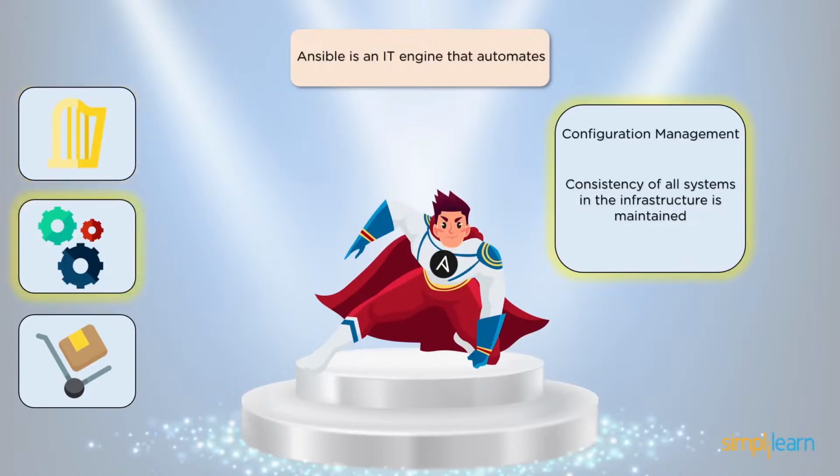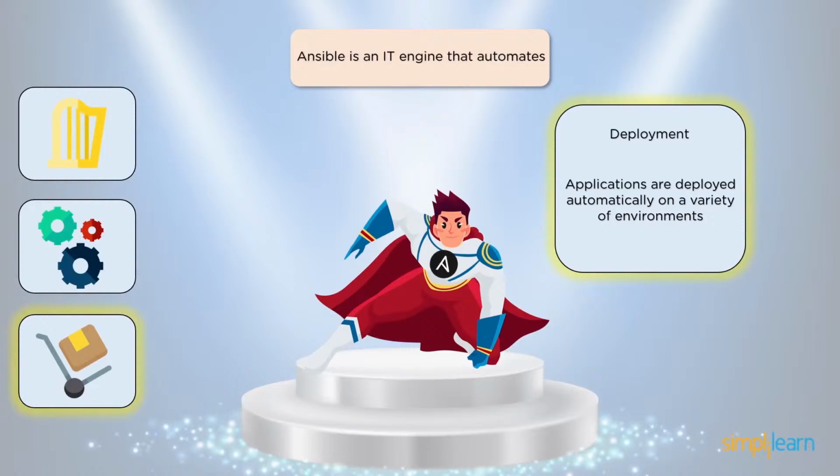Next, Ansible automates configuration management. So configuration management simply means that all the systems are maintained at a consistent desired state. Other tools that automate configuration management include Puppet and Chef. And finally, Ansible automates deployment. Deployment simply means the deploying of application onto your servers of different environments.